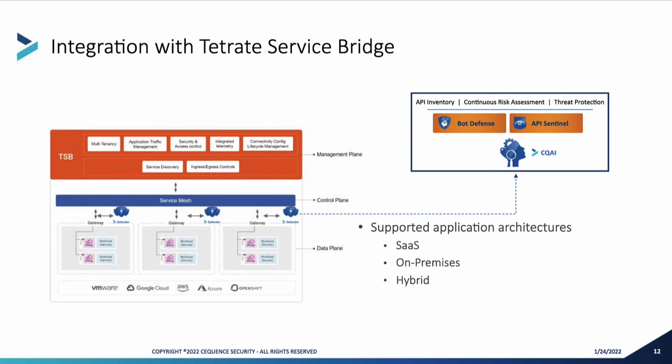You see that we would be integrating, in this particular case, to the API gateway that is in use in the Tetrate Service Bridge environment, collecting the data, sending it to our API Security Platform to do the analysis.